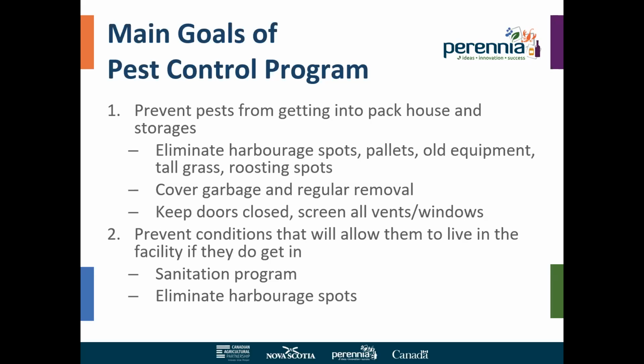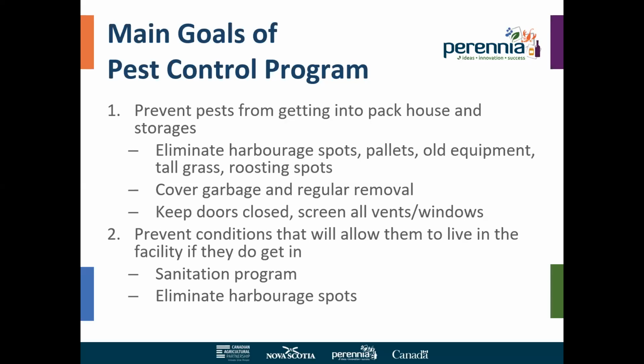So be mindful of those when you're doing your inspections, whether they're interior or exterior. On the exterior, any garbage bins you have should be covered and removed regularly. And then of course, keep the doors to your pack house and your storage areas closed and tightly sealed.